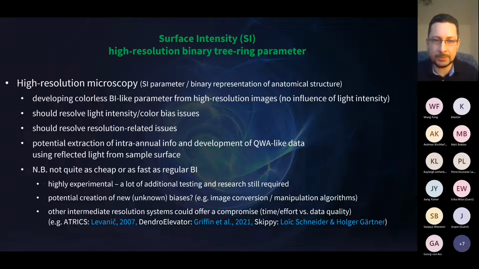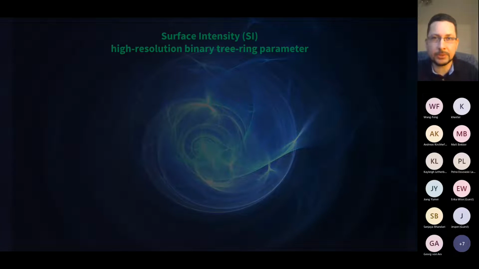So if we look at, for example, ATRICS or DendroElevator, which Dan Griffin has been involved in developing, or SKIPPY, looking at the WSL and these camera-based systems, that might be one way forward to find a balance between data quality and the amount of time and effort we need to put in.